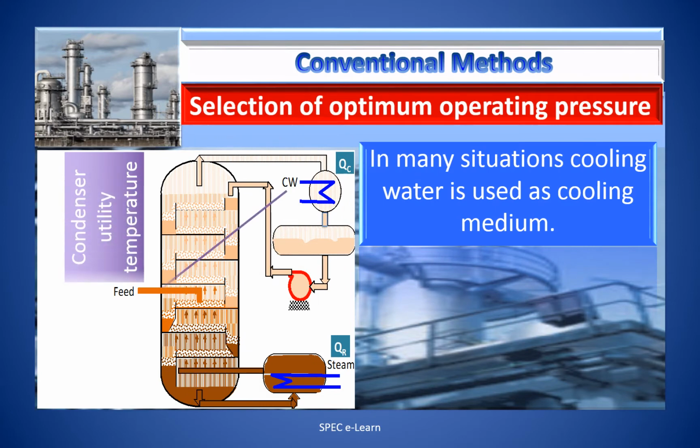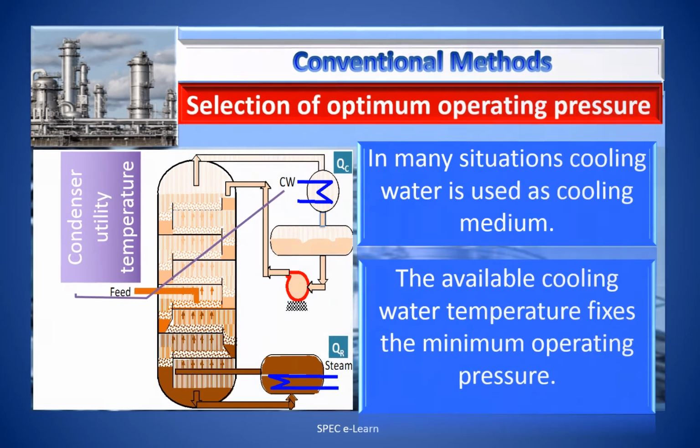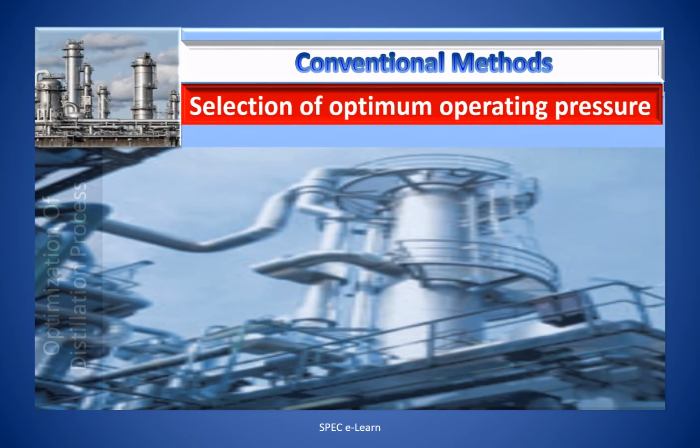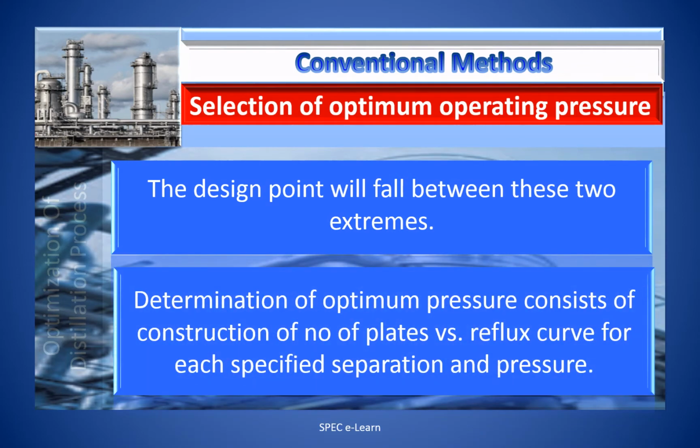In many situations where cooling water is used as a cooling medium, the available cooling water temperature fixes a minimum operating pressure. The design point will fall between these two extremes.